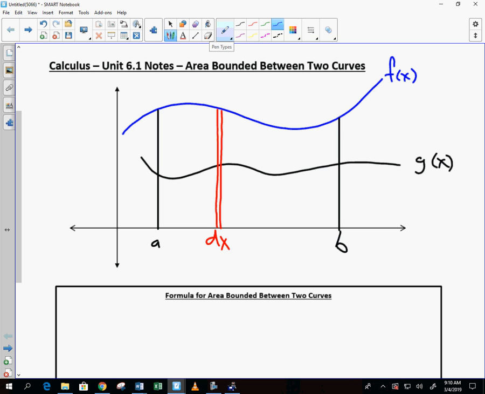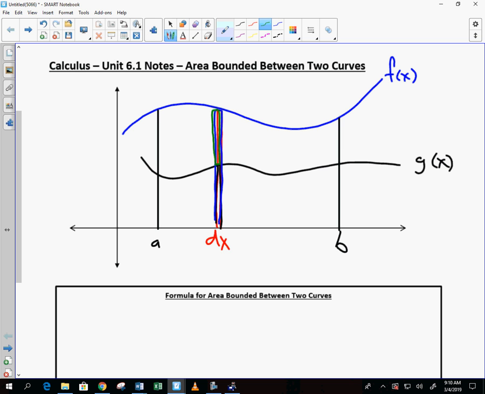If you notice, this black rectangle that I draw right here, that's the height of what? g of x. And if I draw the blue rectangle, that's the height of f of x. So what would we do with the blue rectangle and the black rectangle to get the green rectangle, which is the actual height that I want?